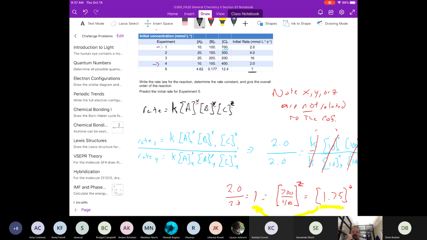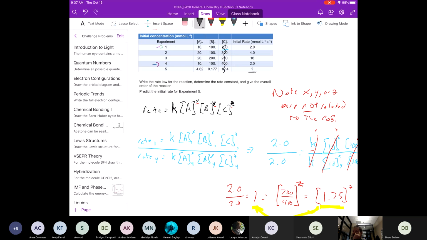Because the exponent for C is 0, this is not going to have any effect on our rate, so we can sort of ignore it, right?